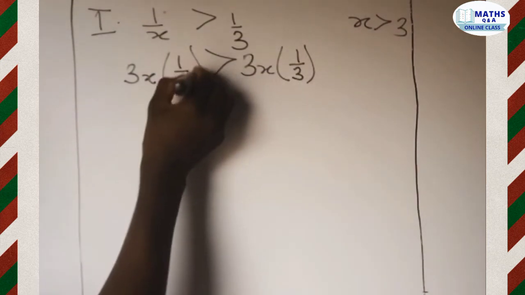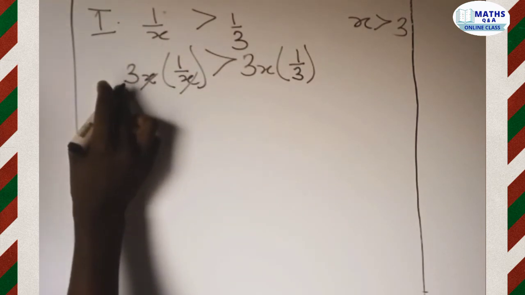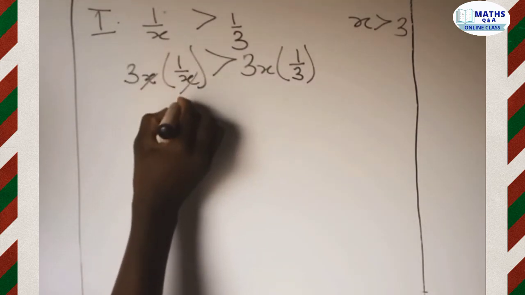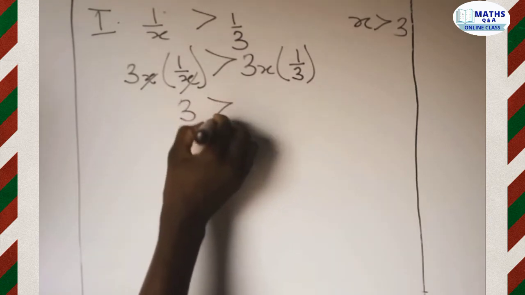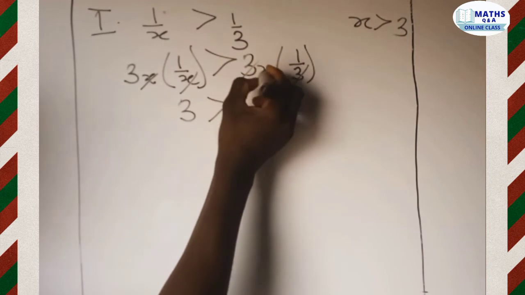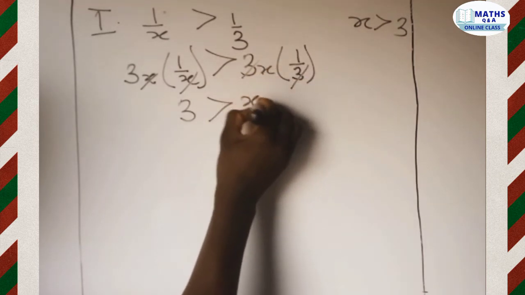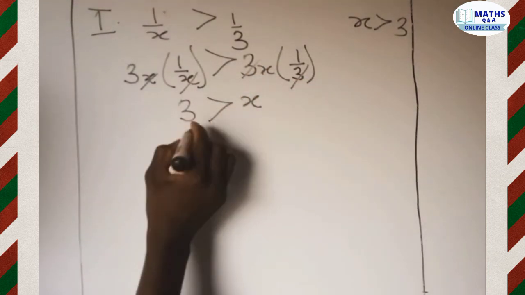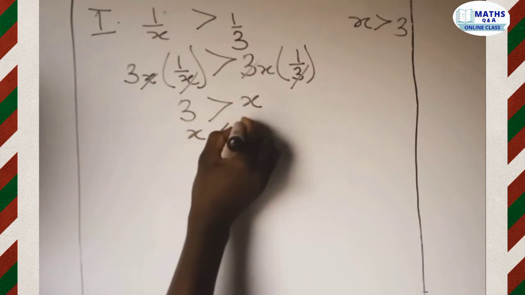Now, x can divide x, and we have 3 left here. 3 multiplied by 1 is 3. Greater than, over here 3 can divide 3. Now, x multiplied by 1 is x. So the result we are having here is x is less than 3.